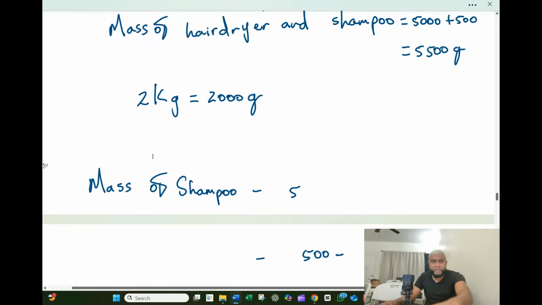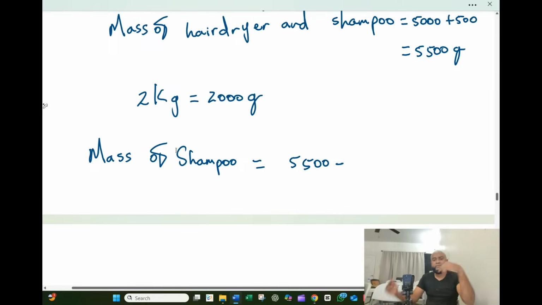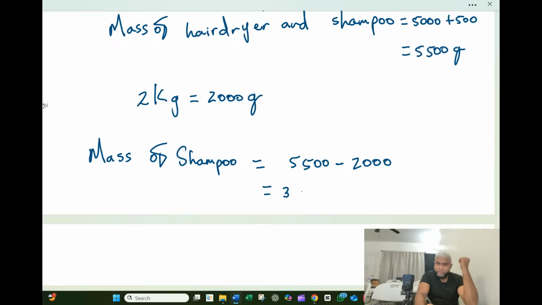So this will be 5,500 minus the 2,000, which would be 3,500 grams. This is the mass of the shampoo.